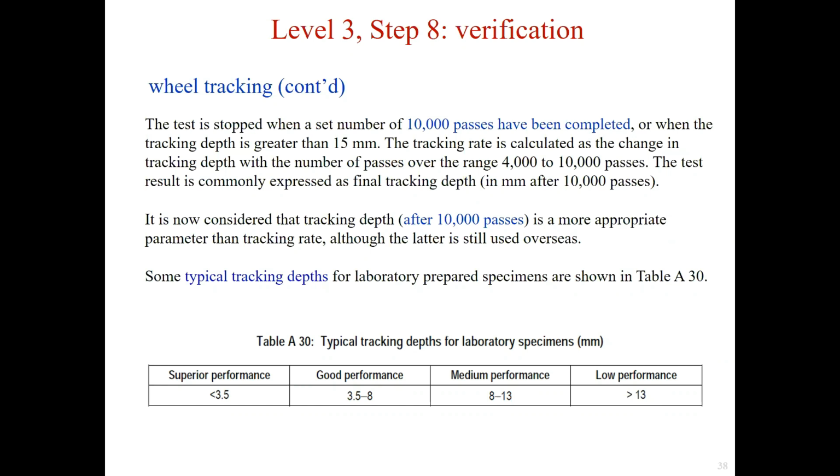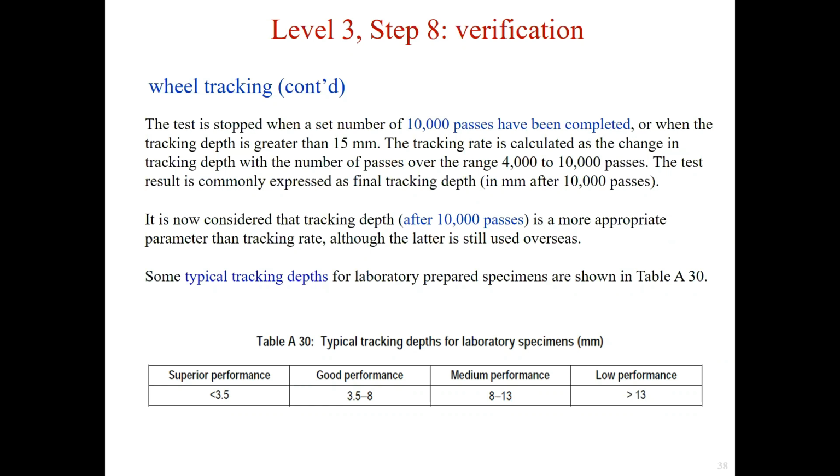The result could be converted and is expressed as the final tracking depth after 10,000 passes. Although the tracking rate is commonly used overseas, it is not considered here. The tracking depth after 10,000 passes is a more appropriate parameter to indicate the asphalt performance.